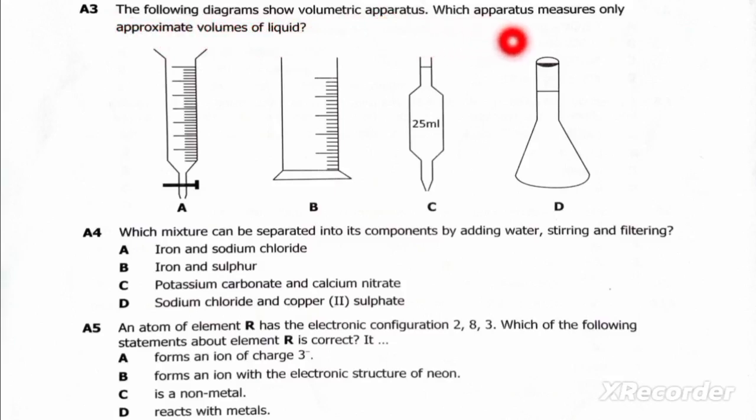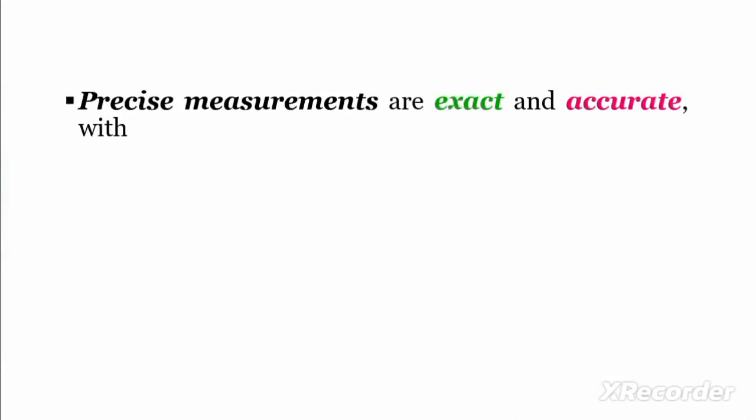Which apparatus measures only approximate volumes of liquid? Okay, to answer this question, let us understand the meaning of precise measurements. Precise measurements are exact and accurate measurements with little to no room for error.